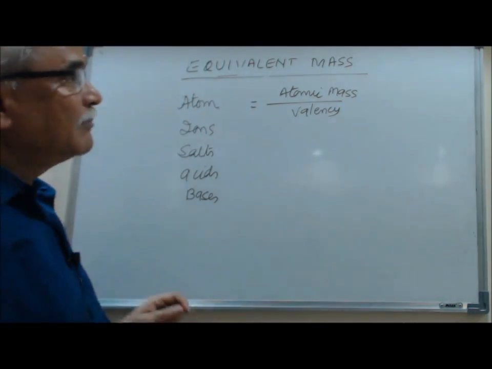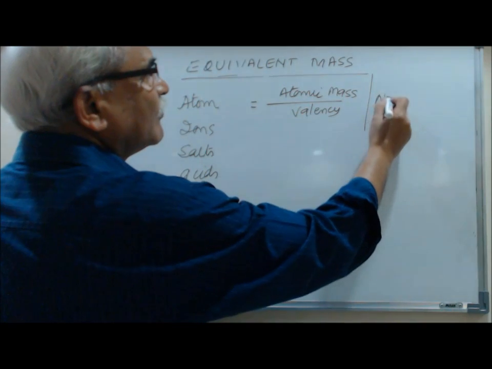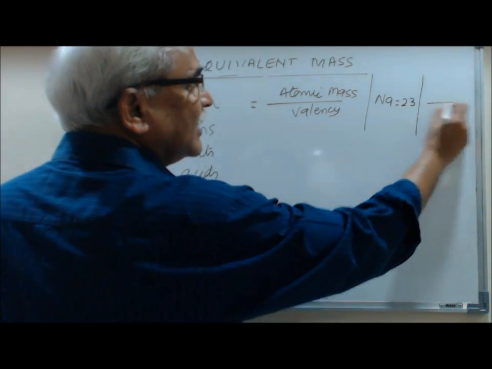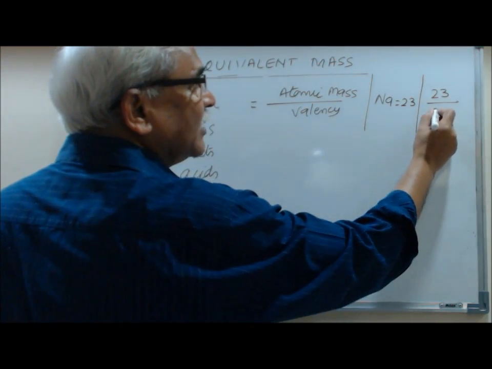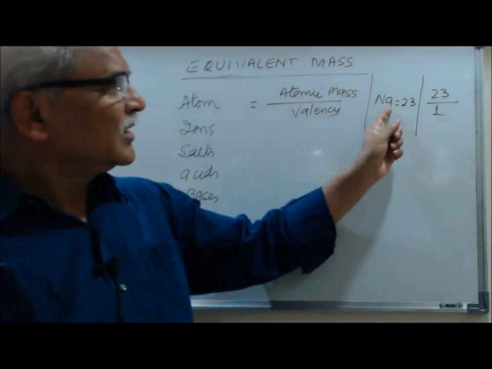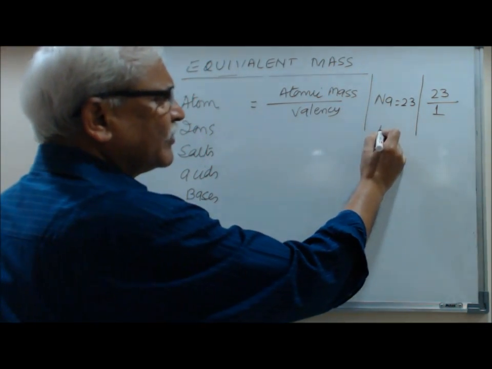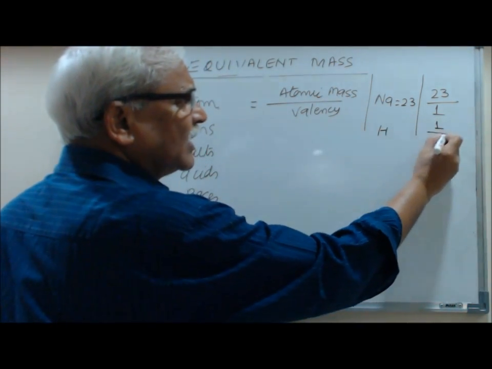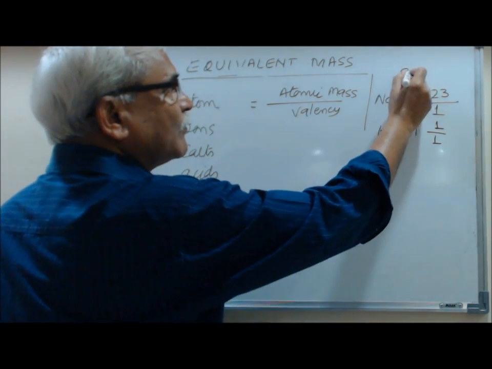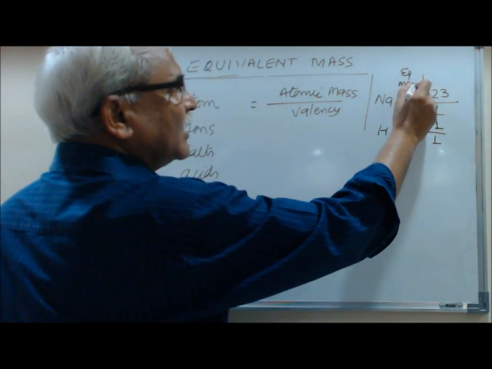Some time back we found for sodium its equivalent mass also was 23. Its atomic mass is 23, but valency is 1. So in the case of sodium, or in case of hydrogen also, atomic mass of hydrogen is 1, its valency is 1, so equivalent mass also became 1.